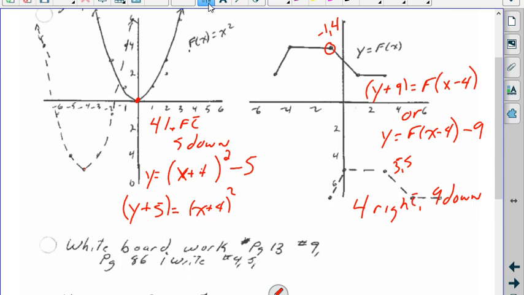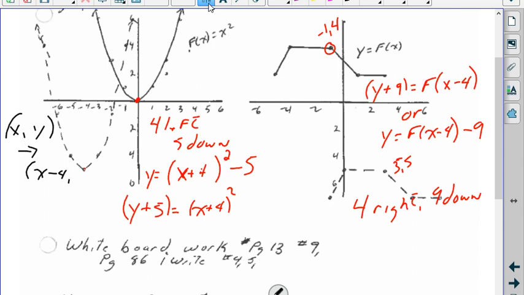Again, I want to talk about mapping notation for this. It's different than the equation. The mapping notation for this guy here, (x, y) became, every x coordinate got 4 smaller. I subtracted 4 from every initial x coordinate.